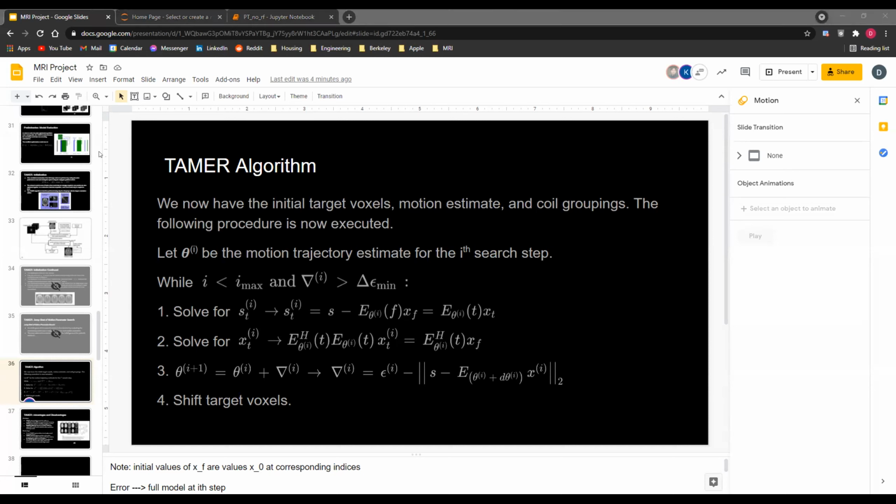Yeah, from the looks of it, the repetitive motion types, like breathing and cardiac gating, seem to be the most common. And then for rigid body motion, kind of what Katie and Max were covering, these more model-based reconstruction techniques seemed a lot more common. If that answers the question. Yeah.